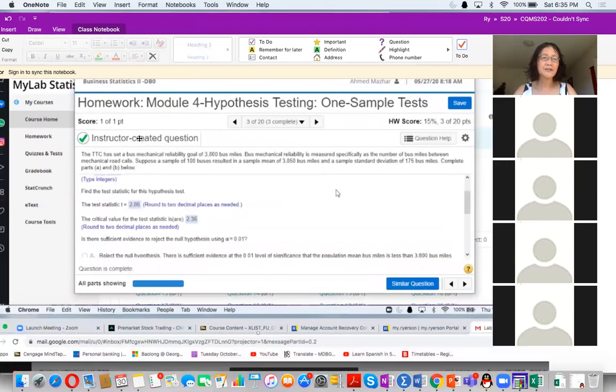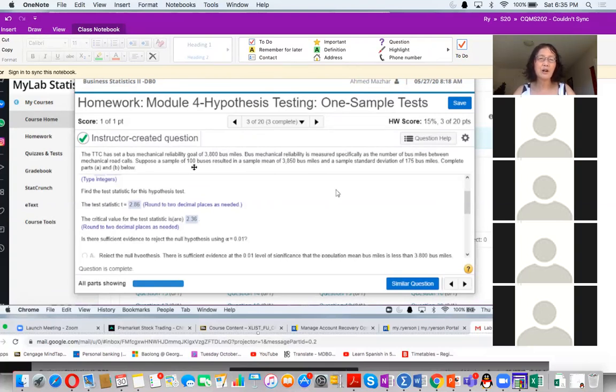The question is, the TTC has set a bus mechanical reliability goal of 3,800 bus miles. Bus mechanical reliability is measured specially as the number of bus miles between mechanical road calls.